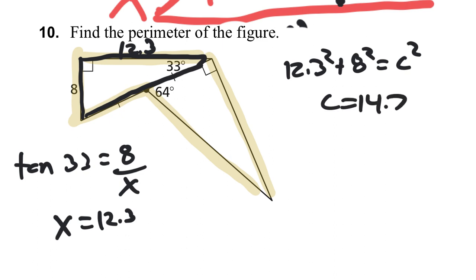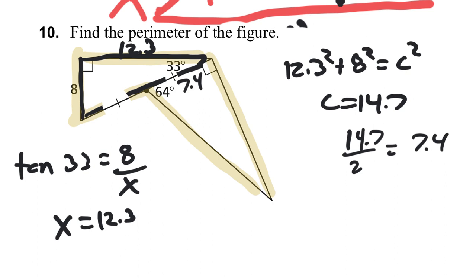But notice I have these congruent marks. If the whole thing is 14.7, I can cut that in half, and I get 7.4 if I round to 1 decimal place. So this is 7.4, that's 1/2 of it.